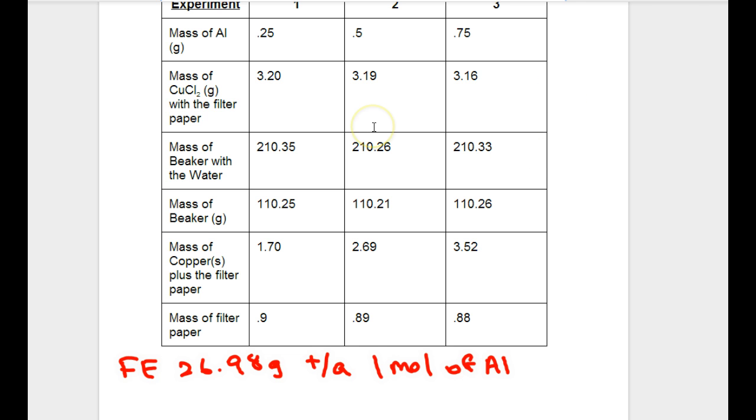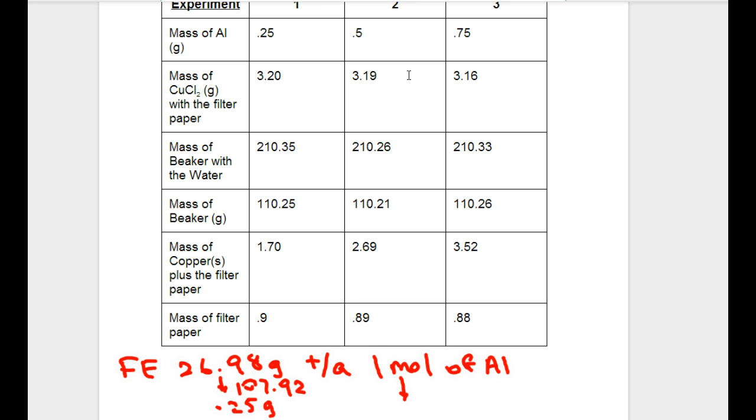What we have here is 0.25 grams. And in that case, we would be dividing. If you figure out the conversion factor from 26.98 to 0.25, what you would find is that we would have to divide by 107.92.